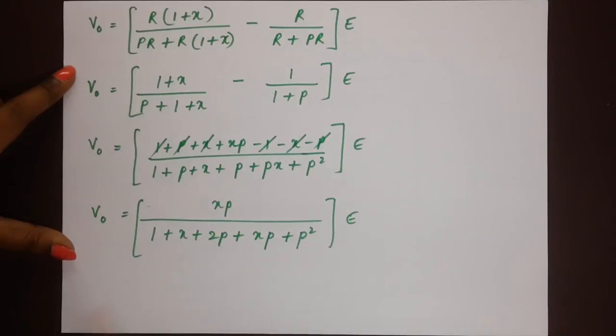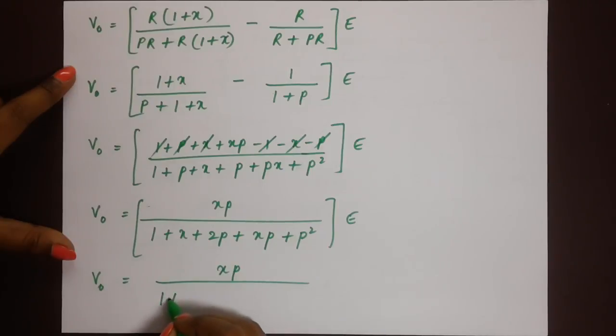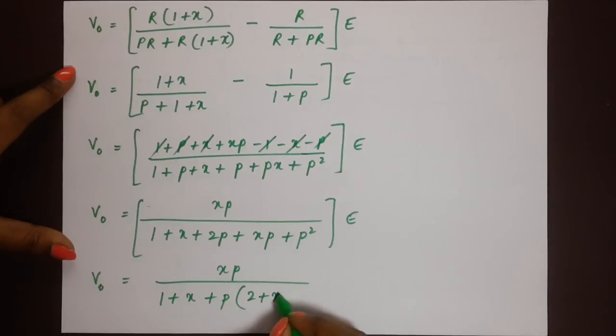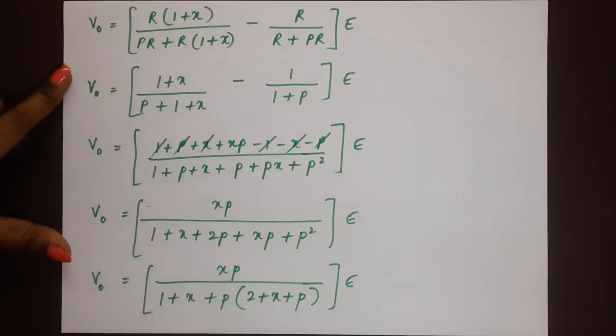Let's take P out as a common term next. So we have V0 is equal to XP divided by 1 plus X plus P into 2 plus X plus P. Alright, so now the question says that we need to find out the value of P for a maximum value of V0.